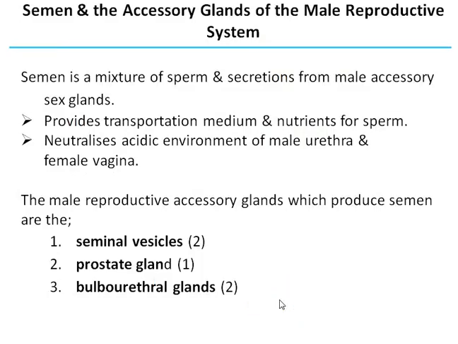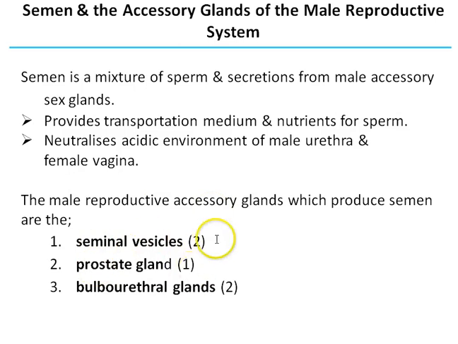Located along the length of the male ducting system and the urethra are a series of glands which create secretions that in some way will nurture and support the gametes that are created in the males. So the sperm will be supported or nurtured by secretions from these accessory glands of the male reproductive system.